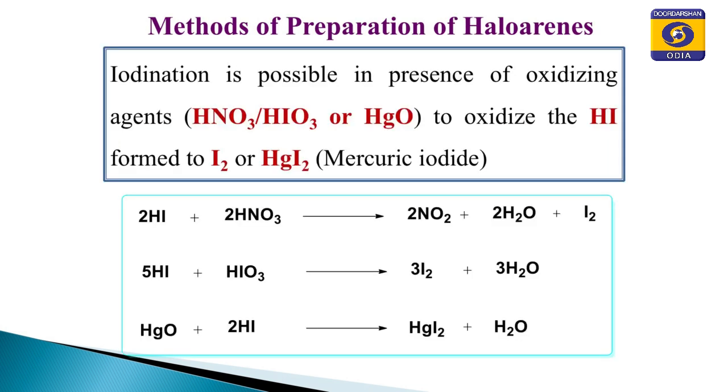So, since it behaves as the reducing agent, it reduces the iodobenzene to the aromatic hydrocarbon, benzene. But when we use the oxidizing agents, nitric acid or hydriodic acid, they combine with hydrogen iodide producing iodine. But mercuric oxide when it combines with hydrogen iodide produces mercuric iodide and water.